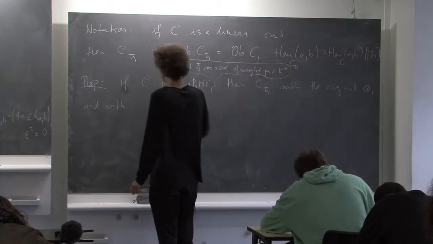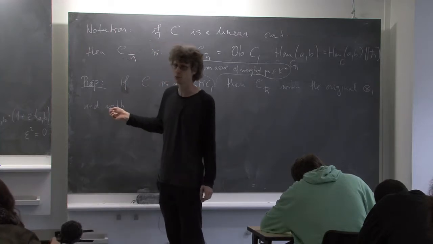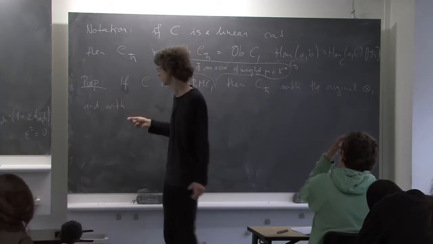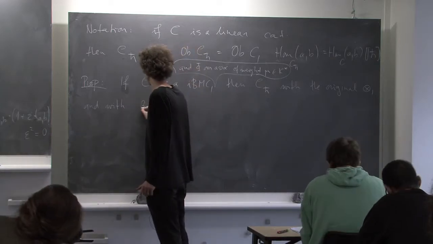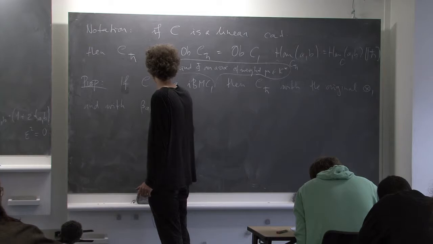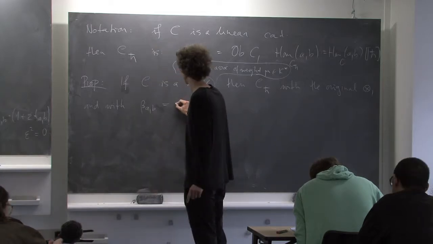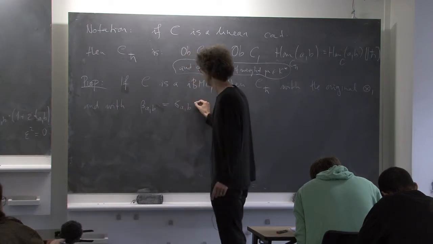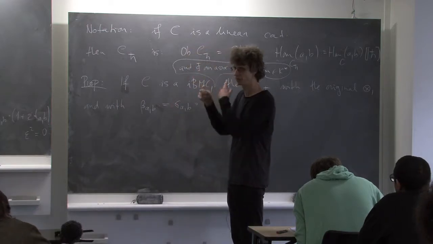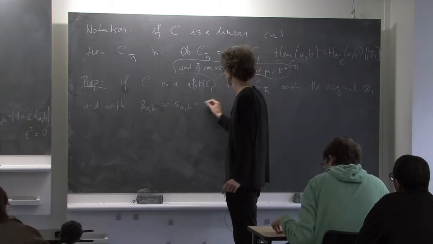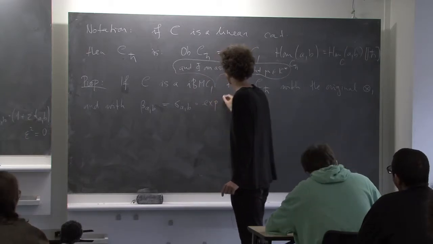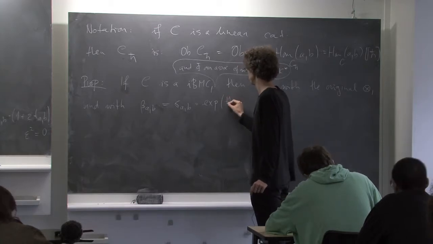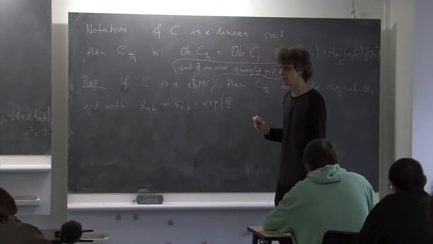So then C_h-bar with the original tensor product, but with modified associativity constraint, is going to be a braided monoidal category, with beta_{AB} defined as sigma_{AB} and now what you would expect, we apply this braiding, which would be the exponential of, we were putting here something like mu divided by 2.